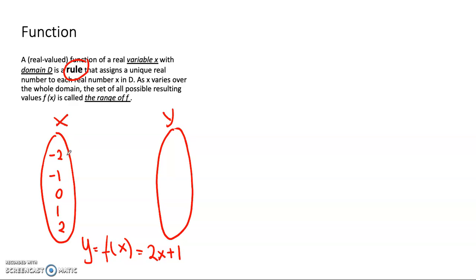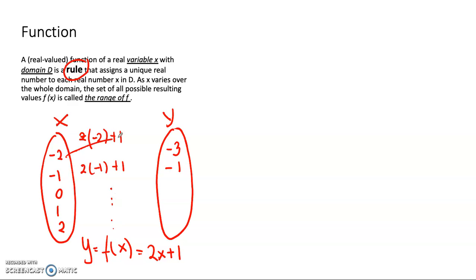So if we have minus 2, 2 times minus 2 plus 1 is just equal to minus 4 plus 1, which is minus 3. And then 2 times minus 1 plus 1 is minus 2 plus 1, which is minus 1, and so on.